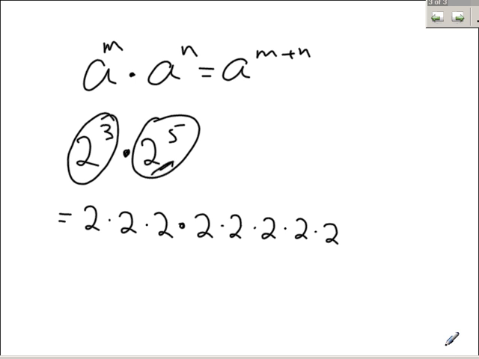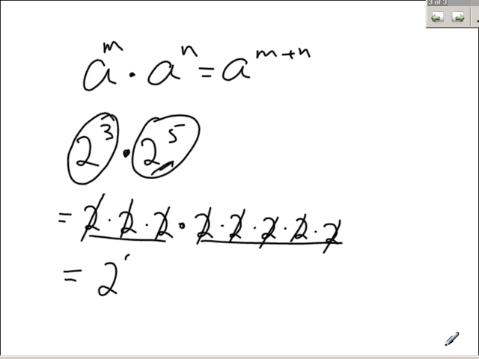Well, how many 2's are we multiplying? Well, we have 3 here and 5 there. We have 8. 1, 2, 3, 4, 5, 6, 7, 8. And by definition, the shorthand way of writing 2 times 2, 8 times, is 2 to the 8. You add the exponents.